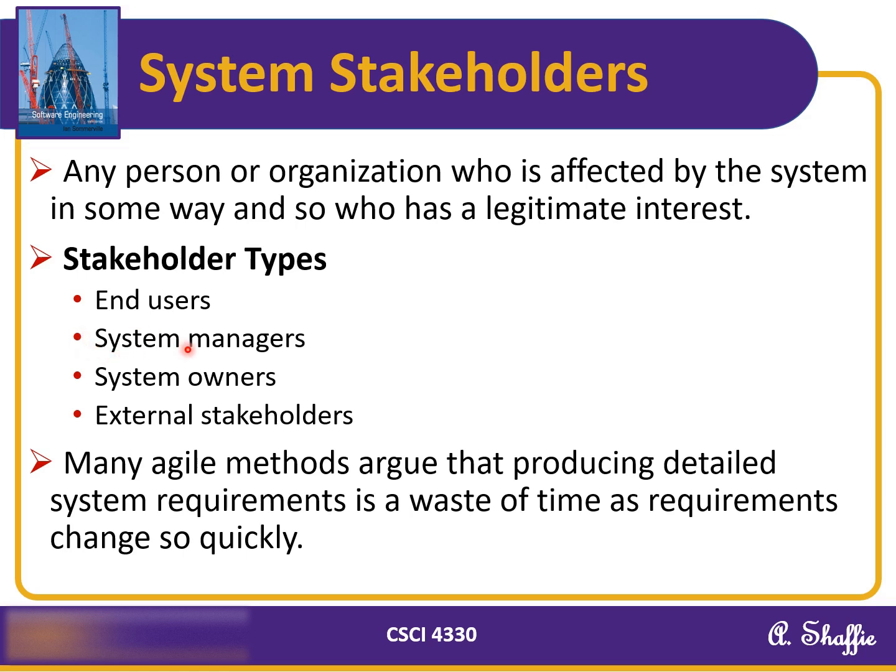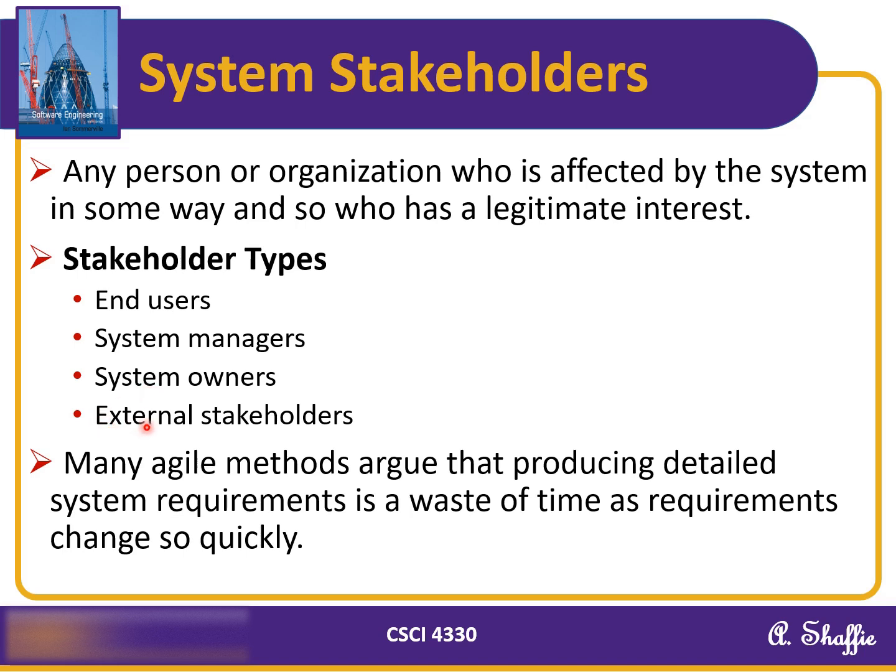We have system managers that ensure the smooth operation of the system. For instance, think about the IT managers. We have system owners, often the individuals or entities that fund and benefit from the system. Think about Walmart or Kroger when they ask a software house to implement their mobile application.